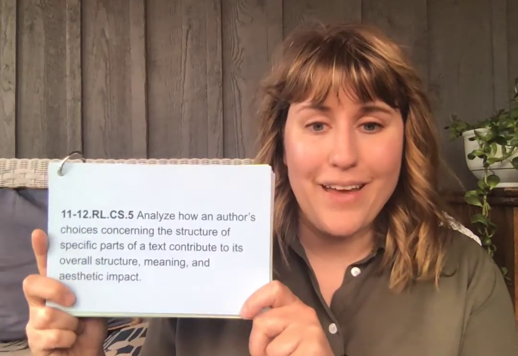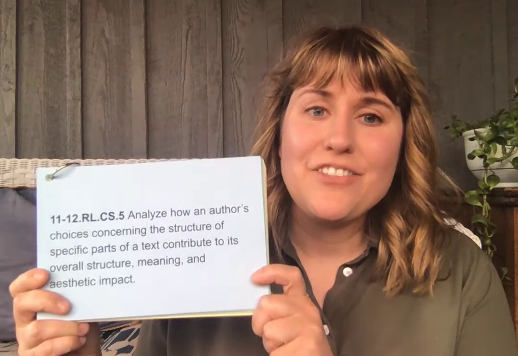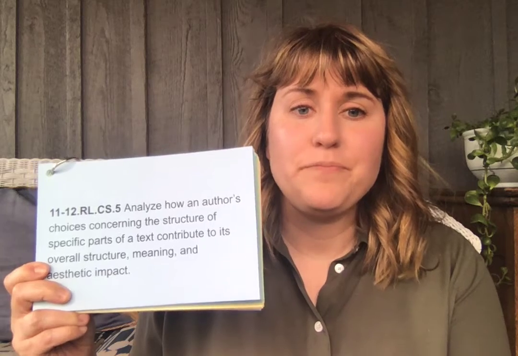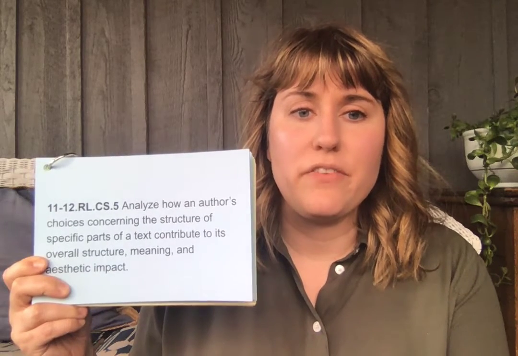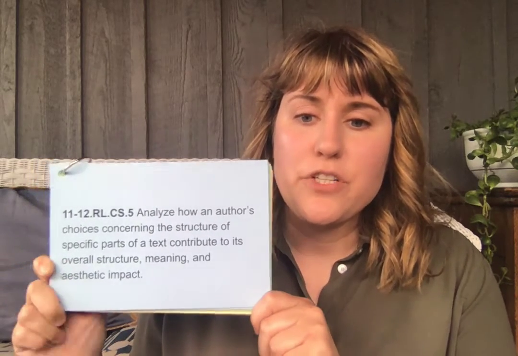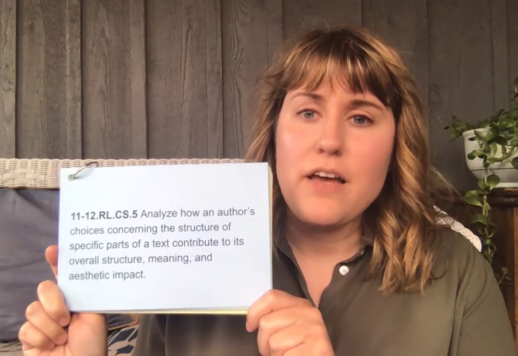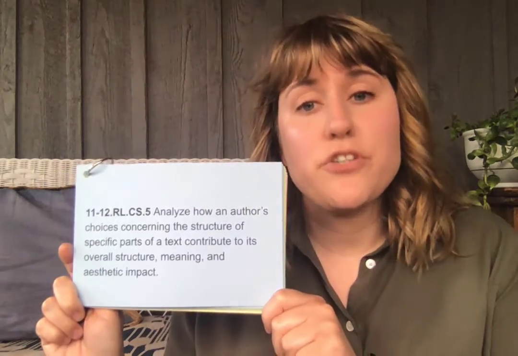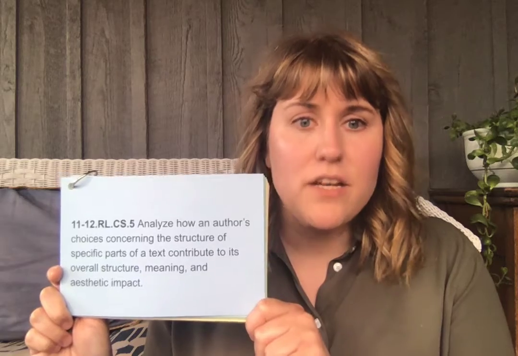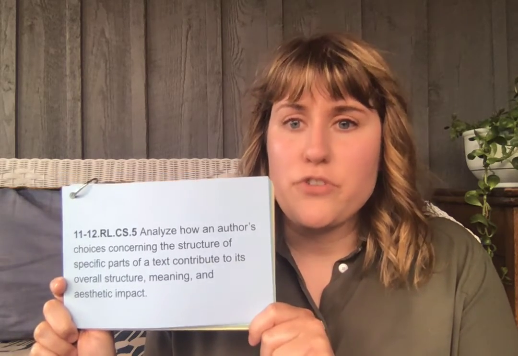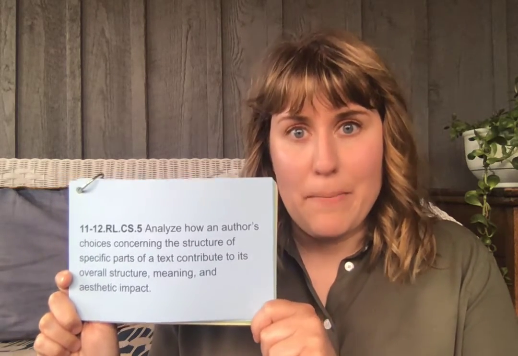So we're working on one particular standard, which is this. I have my standard cards. So this standard is the 5th literature standard, which says analyze how an author's choices concerning the structure of specific parts of a text contribute to its overall structure, meaning, and aesthetic impact.